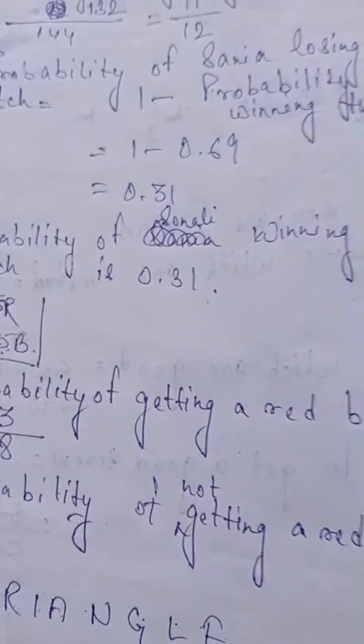Now, the number of favorable outcomes. How many is it?